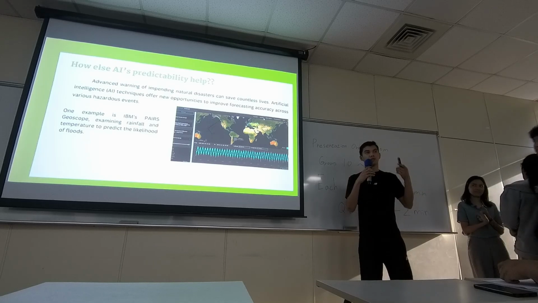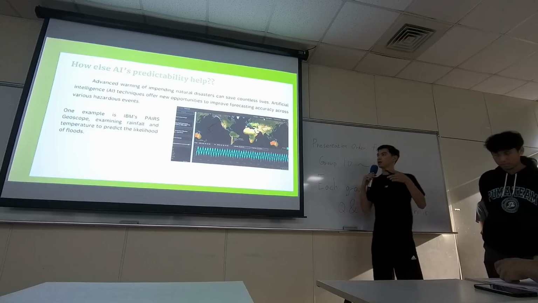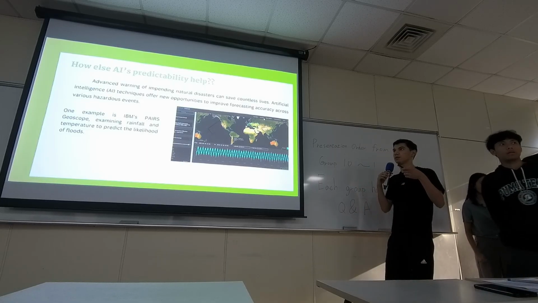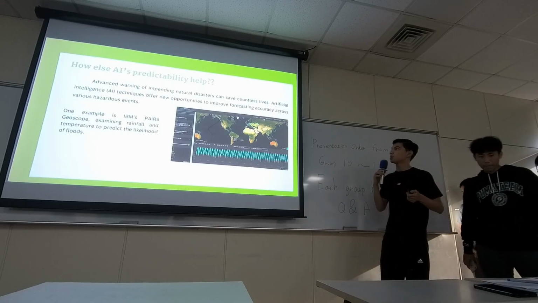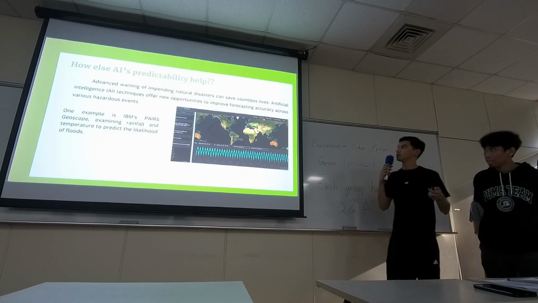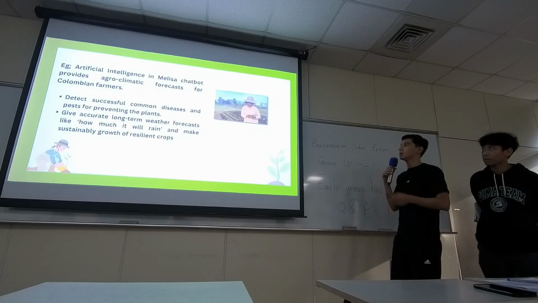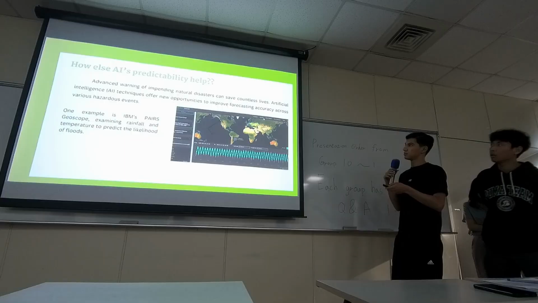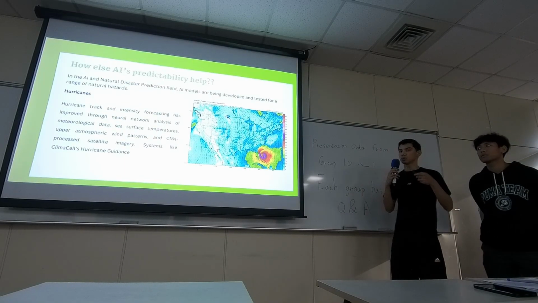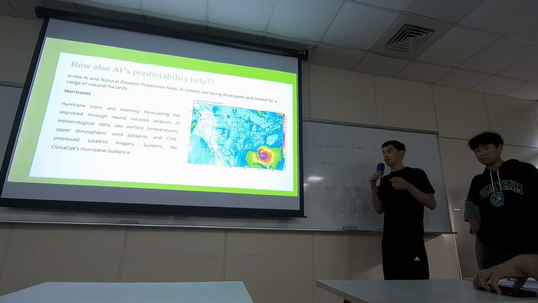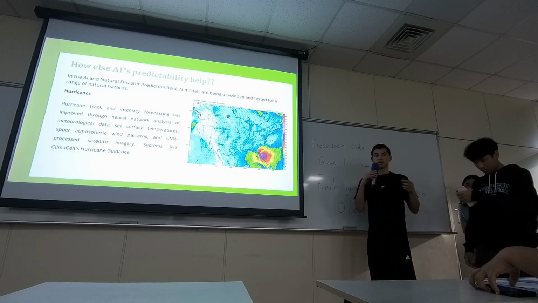So our main purpose is basically how AI can help the environment by predicting it. Nowadays we have advanced a lot, so we can say that massive warming and unprecedented natural disasters can be predicted, which can save countless lives. With the use and advance of AI in our lives, we can predict hurricanes, earthquakes, and many natural disasters.